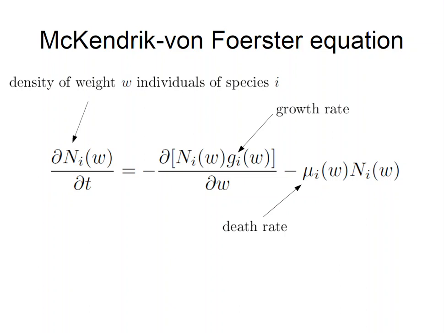And you see it's in terms of the growth rate and the death rate here. Now, if those were just sort of functions which stayed the same over all time, this wouldn't be such a difficult problem to solve. We could actually write down a solution to this kind of partial differential equation.